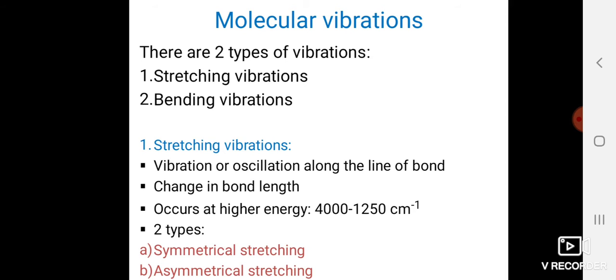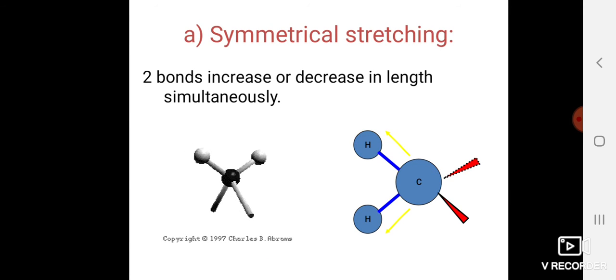The two types of stretching we see are symmetrical and asymmetrical. Symmetrical is when both the bonds vibrate at the same time, so they get stretched together and get compressed together. This is called symmetrical vibration or symmetrical stretching.